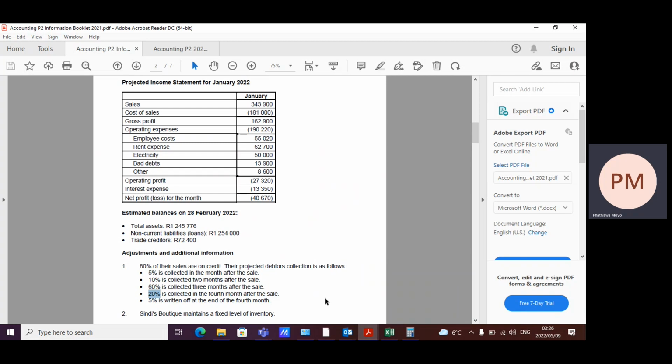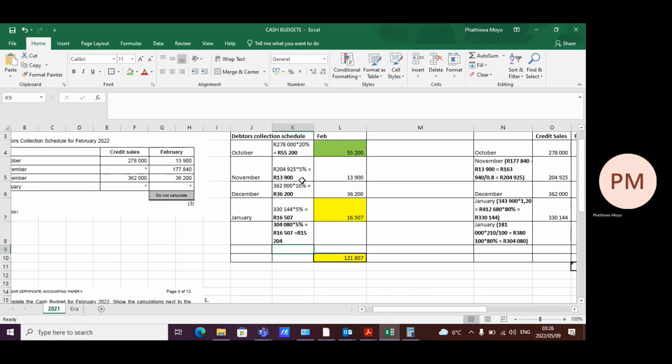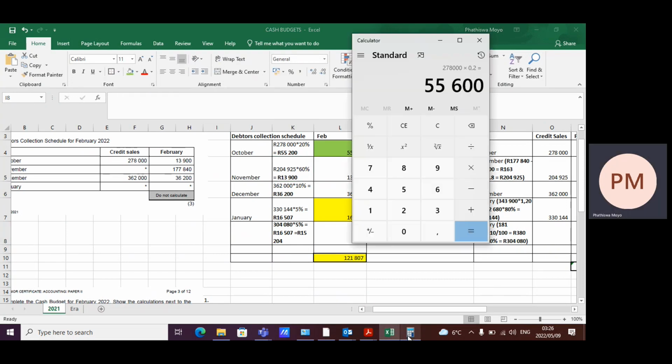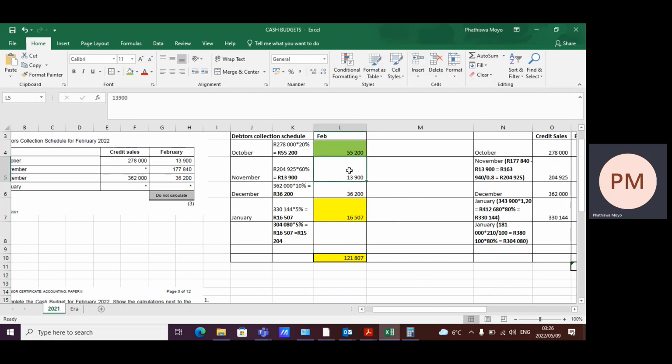So 5% will be paid in December for November, 10% in January, 60% will be paid in February. One two two nine five five.